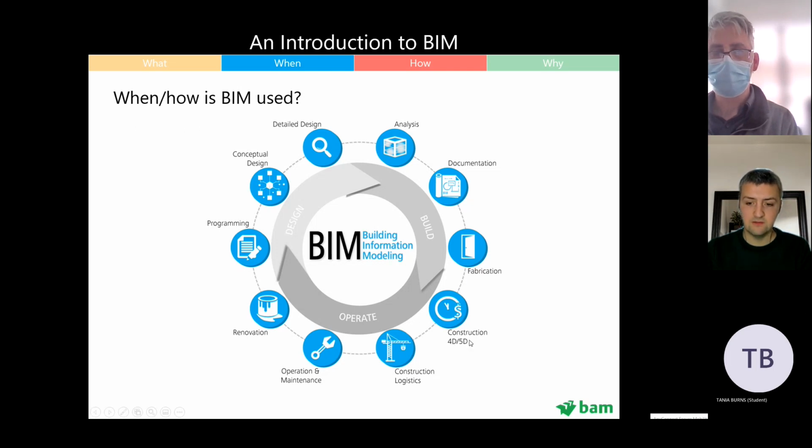Construction: 4D and 5D. So in the BIM world, 4D is a reference to planning. That's when we take the construction program that we've got and we link it to the 3D model. That involves, for example, selecting the foundations and attaching the dates from the construction program to those foundations.